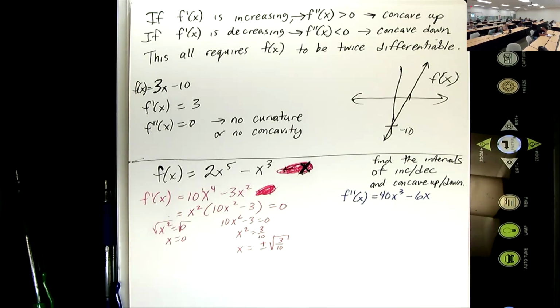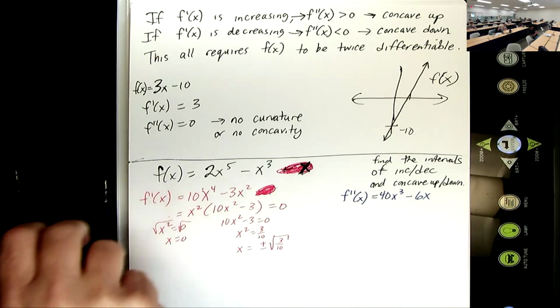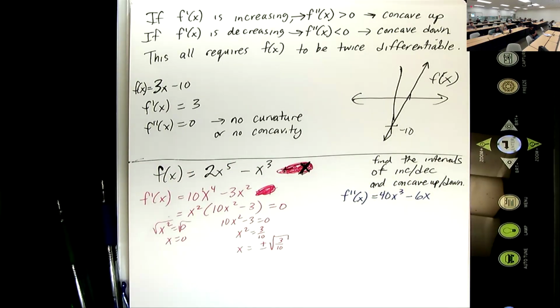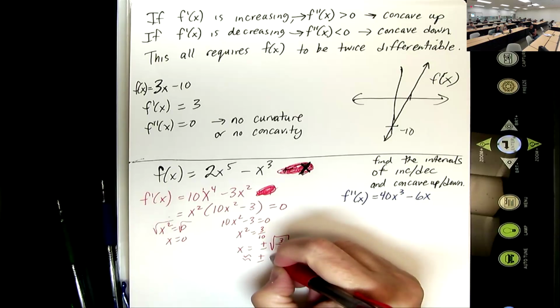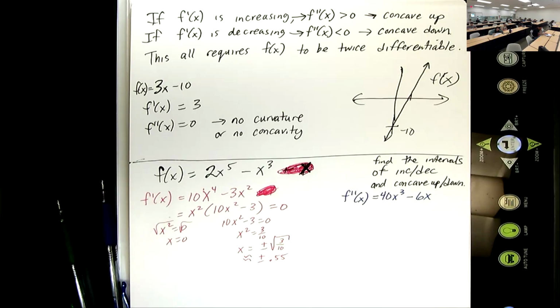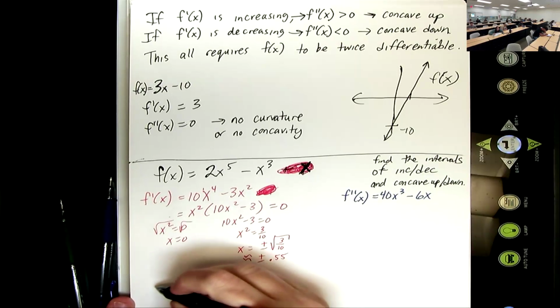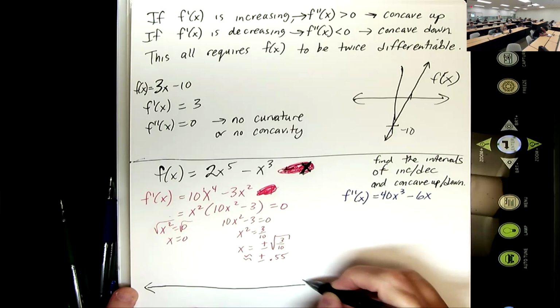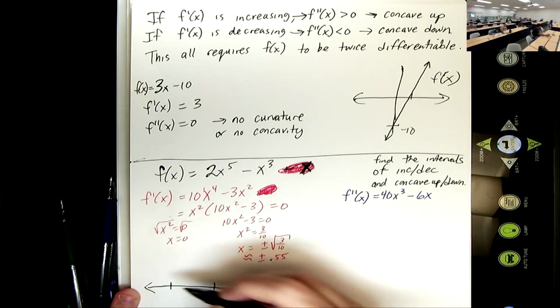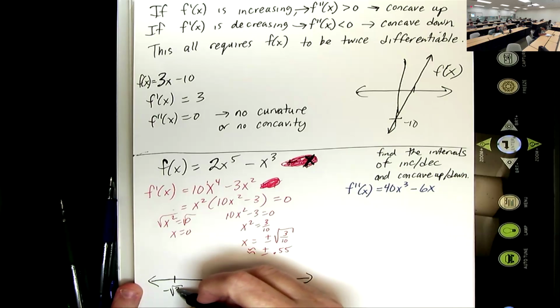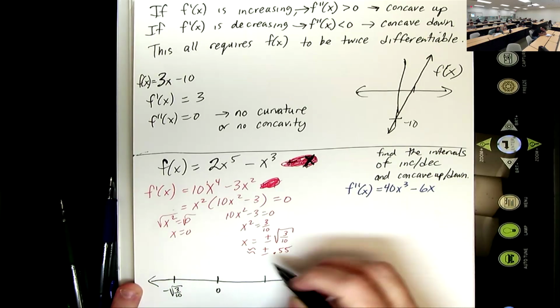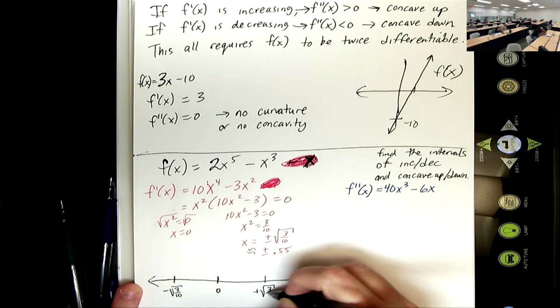But to do it on a number line, I guess I need to find an approximation. Point 3 is about 0.55. Approximately plus or minus 0.55. I should probably do more decimal places, but we'll go with that. Negative root 3 over 10. I know we should rationalize that, but I didn't. I want to get through the stuff that matters in this lecture.